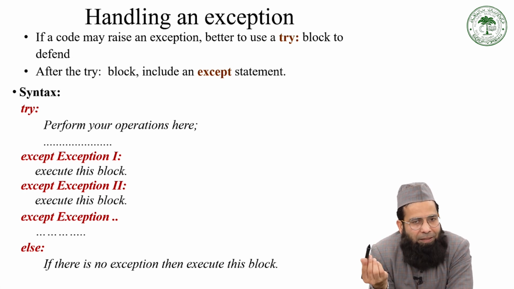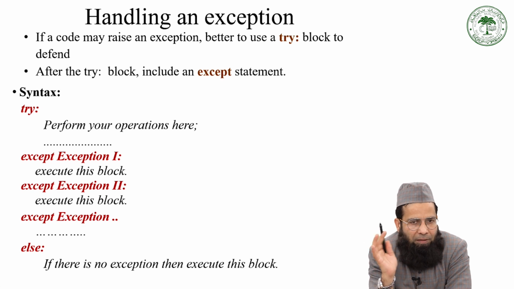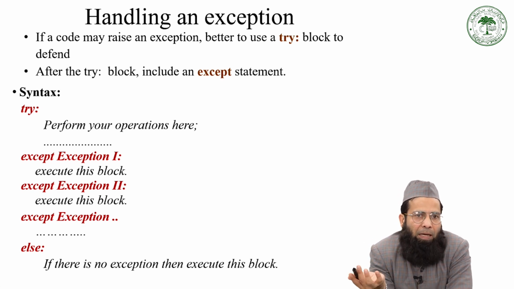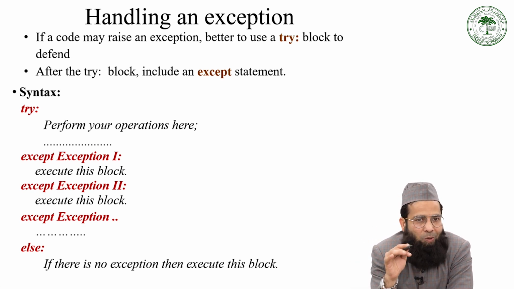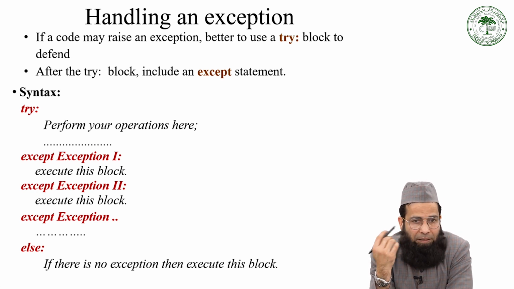So how to handle an exception? We have seen what is a syntax error and what is an exception, and now we are moving towards how to handle an exception. If a code may raise an exception, it is better to use a try block to defend.